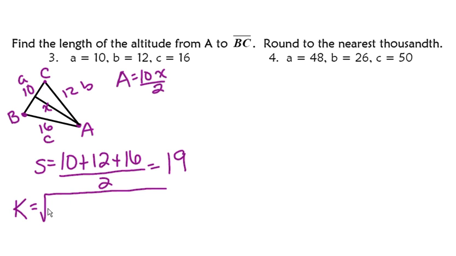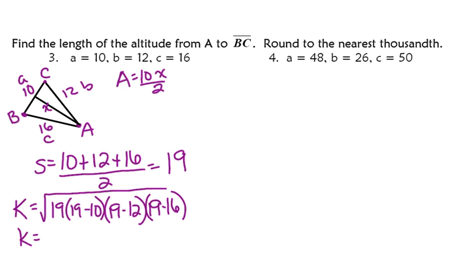So my area is going to equal the square root of 19 times 19 minus 10 times 19 minus 12 times 19 minus 16, which means my area is 59.925. Now that I know what that area is, I can plug it in for A up here. 59.925 equals 10 divided by 2 is 5, so equals 5x.